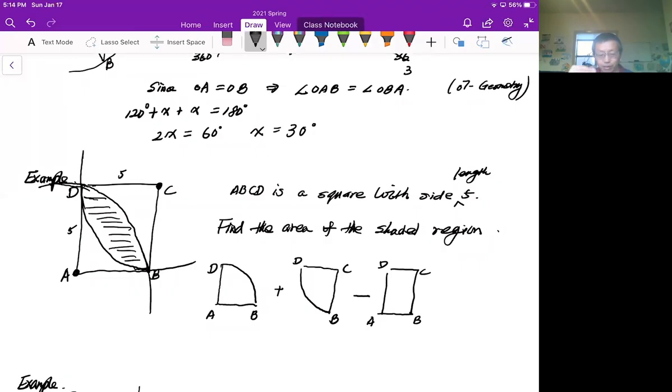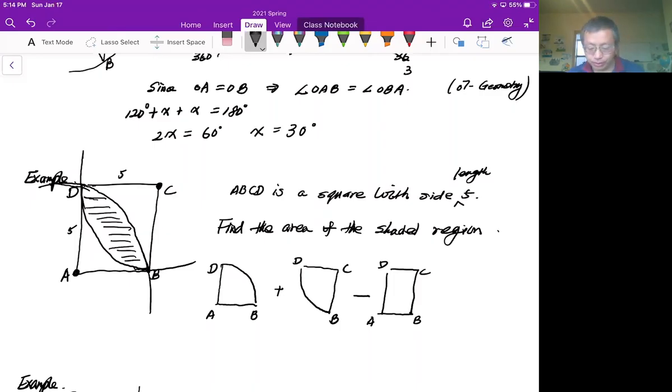If you put them together, the middle part was counted twice. The rest of them is counted once. So if you put them together, and then we just subtract the entire square, that's what I'm looking for. Everybody's okay?